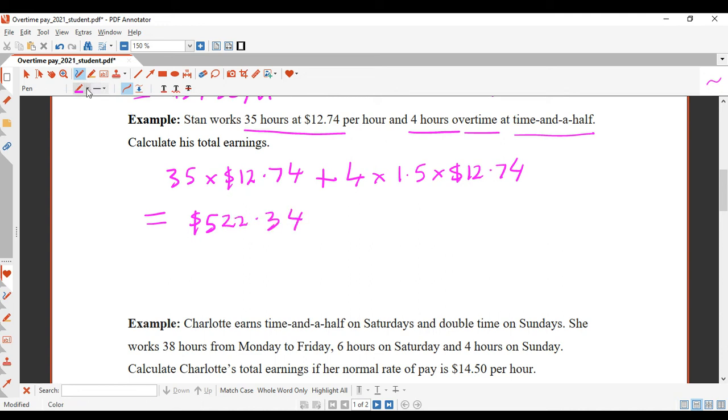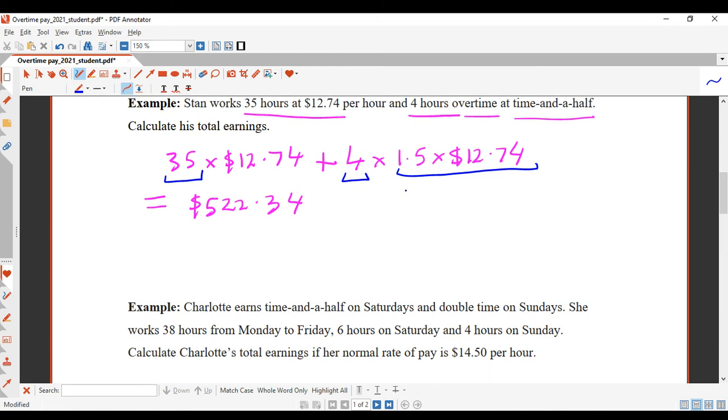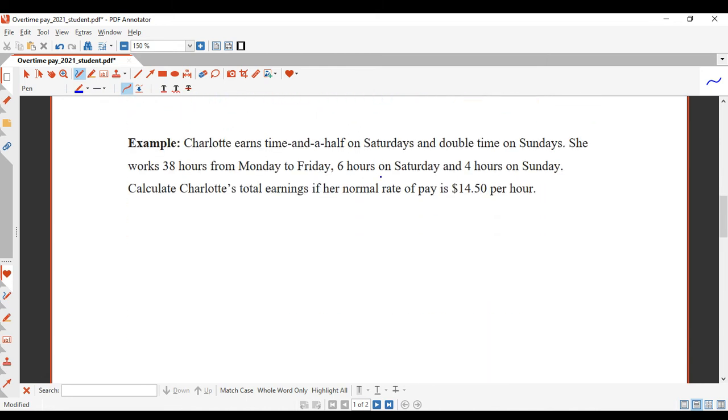So for that question, you've got to break it up into two parts. The first part is the 35-hour part, and the second part is the 4 hours paid at time and a half. Time and a half is 1.5 times the normal hourly rate. Okay, copy that down, and then let's look at the next example.